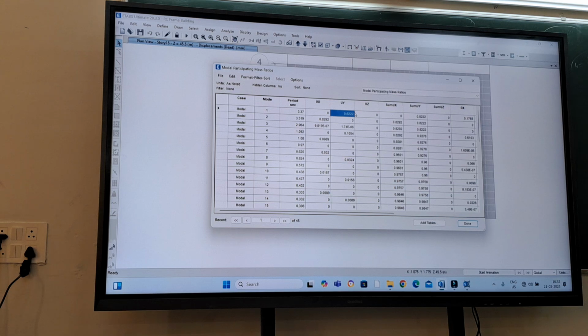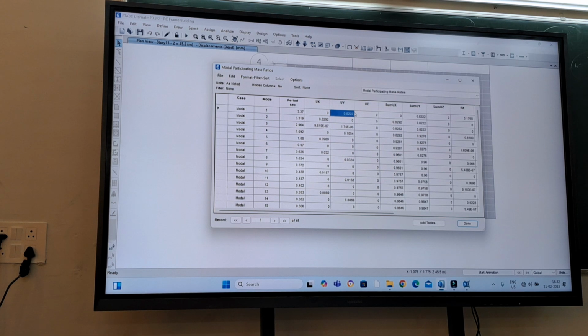The criterion given in the code is the summation of the first three modes in a particular direction, not the first three sequentially here. Now suppose I am checking for y, so you have to consider the three modes in the y direction, then add them up, get the total. That total should be more than 65.